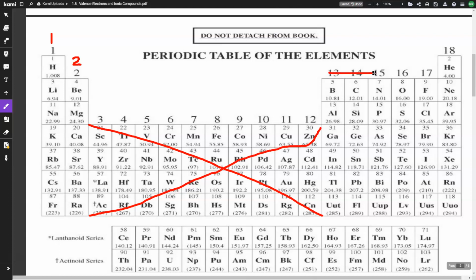Let me just cross all these out so we don't get confused. 13 would be 3, and then 4, 5, 6, 7, 8. Remember, 8 is where our noble gases are. Noble gases have a full outer shell. Everybody wants to be like the noble gases.